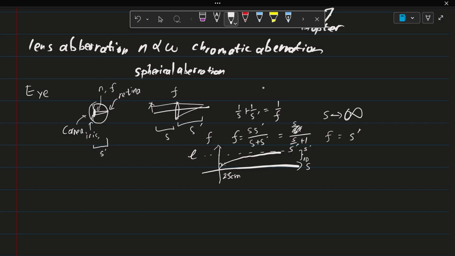So by the way, as a reminder, if you have a higher focal length, it means that your eye is much sharper. It goes something much more like this. Compare that if you have, so this is high. Compare that if you have low focal length, which means, oh sorry, it's the other way around.